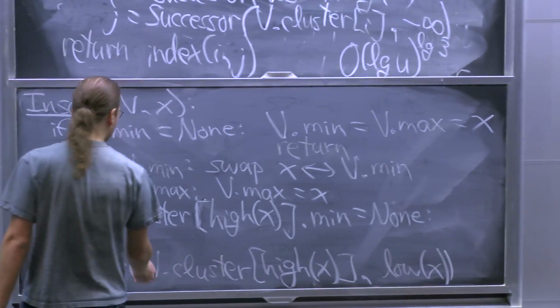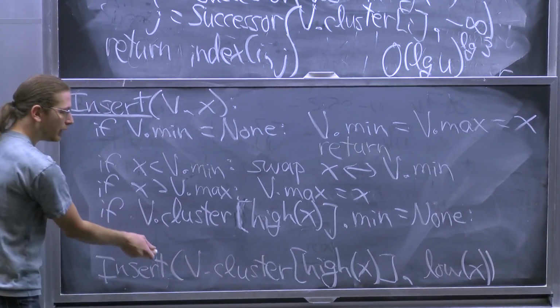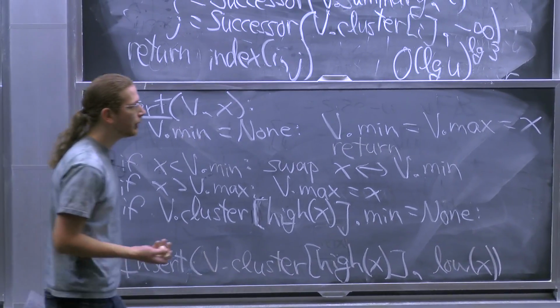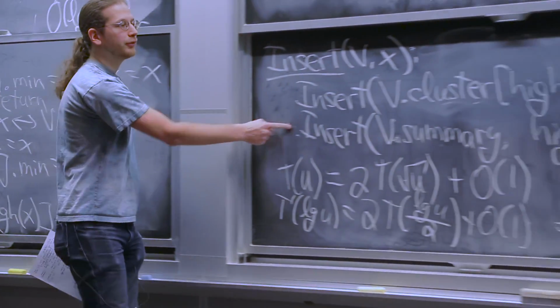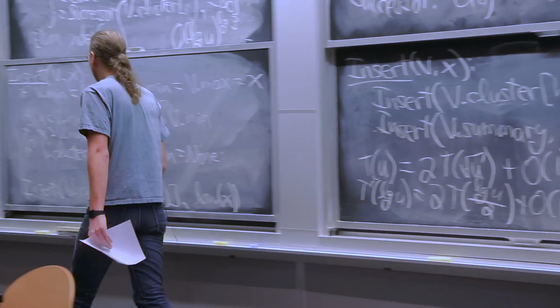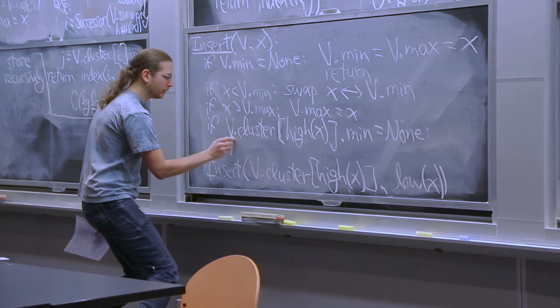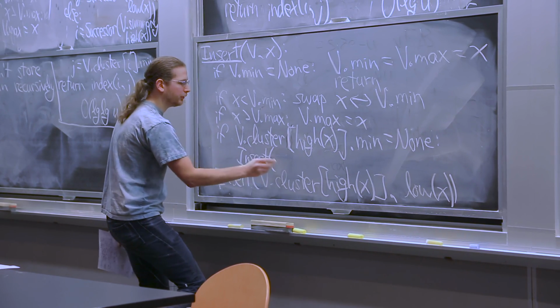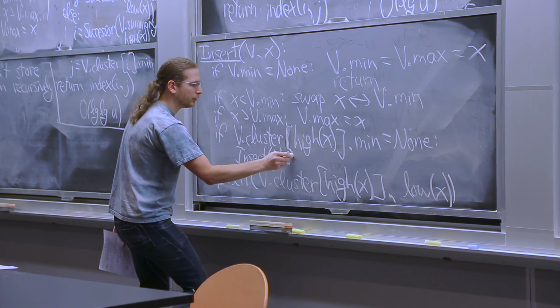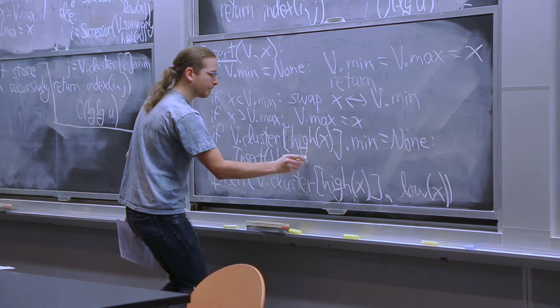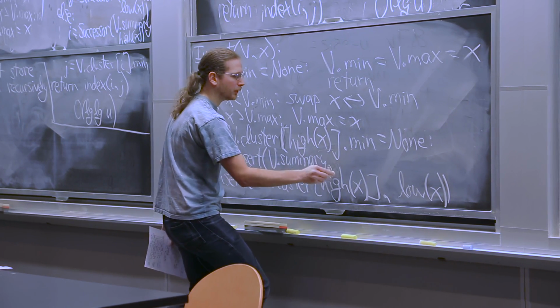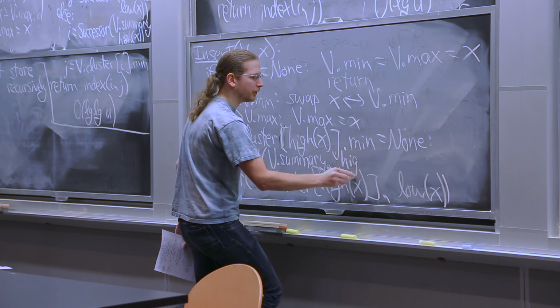And in the special case where there was previously nothing in v.cluster[high of x], we need to update the summary structure, and we do that with this line. So I'm going to insert into v.summary, high of x.